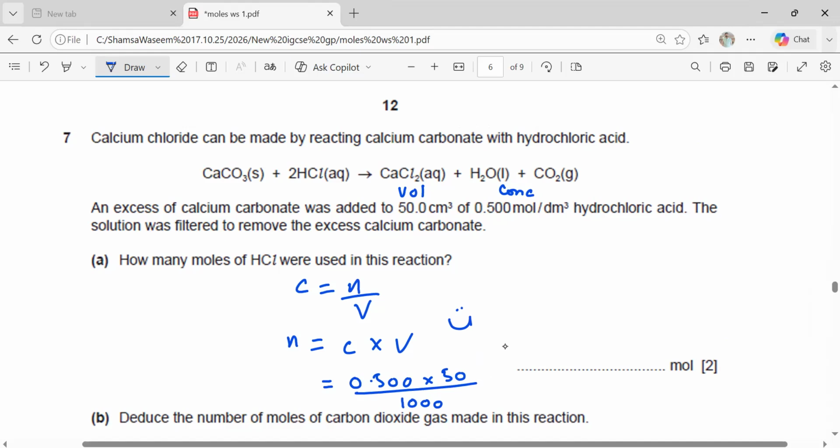Is it 0.025 moles? Yeah, so we'll get 0.025 moles, right?